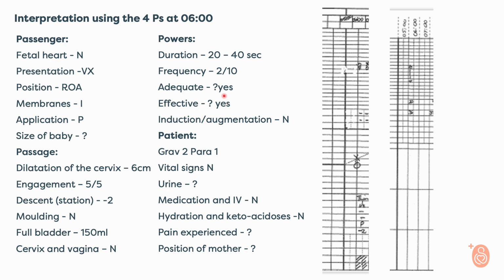They're not adequate because they're not between 3 and 5 contractions in 10 minutes. They might be long enough, but there are too few of them, and they're definitely not effective in the sense that, yes, the cervix has dilated a little bit more, but the head has not engaged, has not gone down at all.